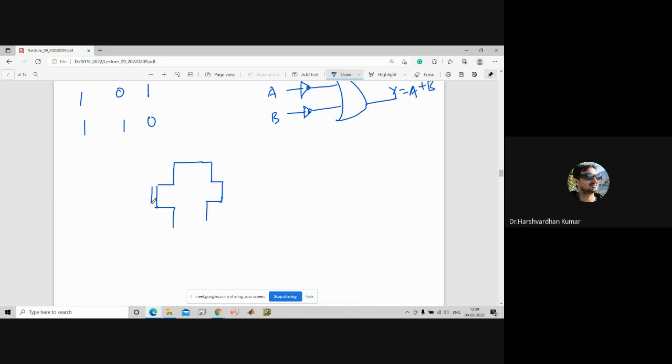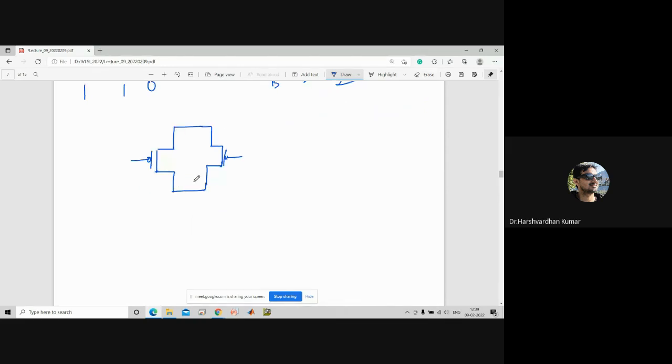Okay, so this is in parallel. Now again here we will connect two transistors in series, and we will understand the operations.